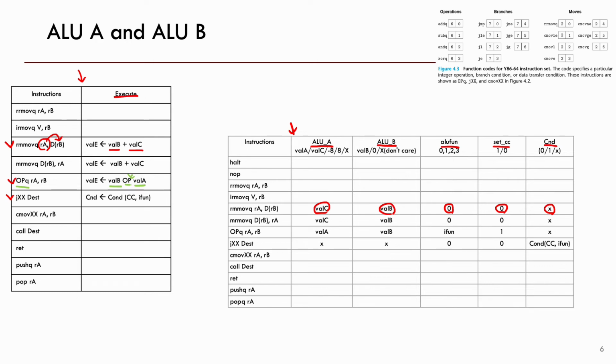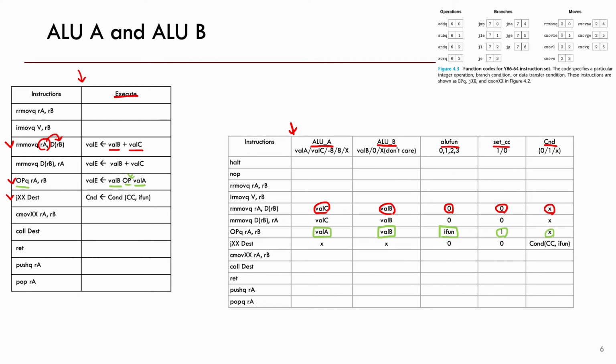For this instruction, we select val A from the ALU A module and val B from the ALU B module, and then we just select the ifun function in the instruction register. We also set the CC output of the set CC module because it is either an arithmetic or logical instruction. But again, we don't care about the output of the cond module since it is just arithmetic and not a jump instruction.